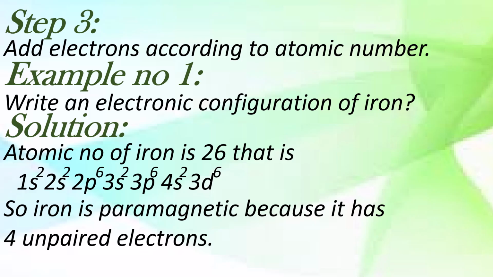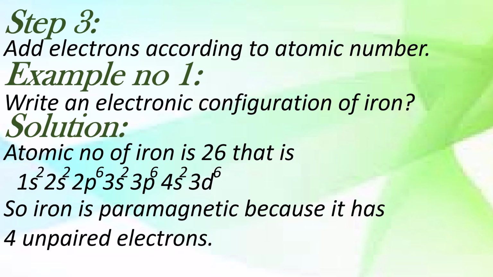Because d orbital has 5 orbitals, each containing 2 electrons, a total of 10 electrons. But in this case, there are 6 electrons in d orbital. That means 4 electrons are unpaired. So iron is paramagnetic because it has 4 unpaired electrons.